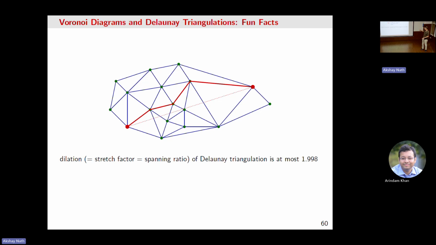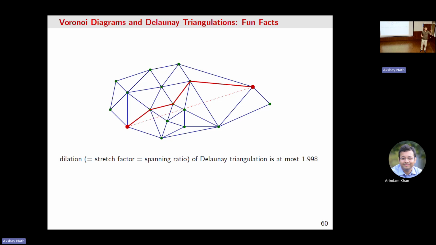There are also other graphs that have a better stretch factor. So actually, for any epsilon greater than 0, you can compute some kind of graph where the stretch factor is only 1 plus epsilon, and the number of edges is, for fixed epsilon, still linear.